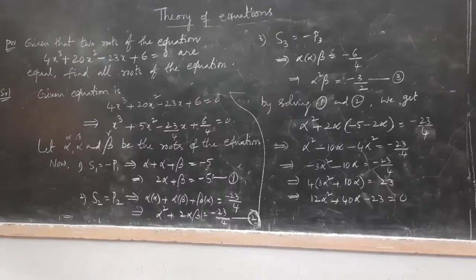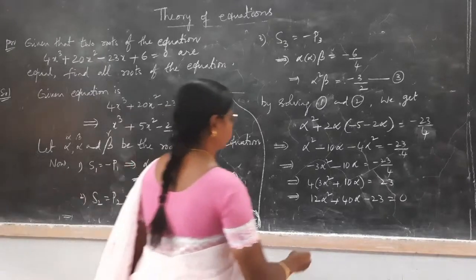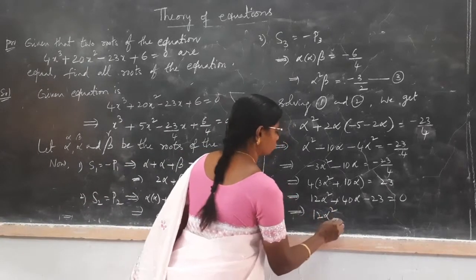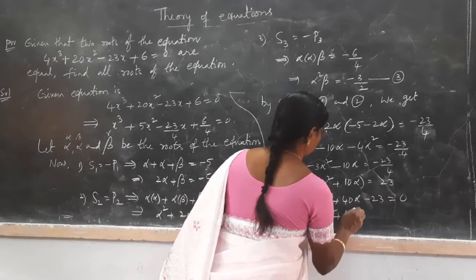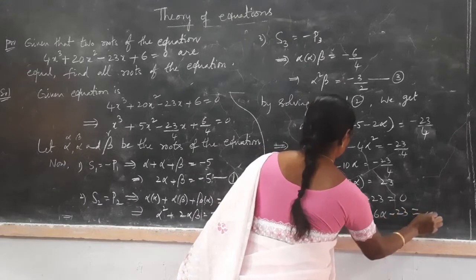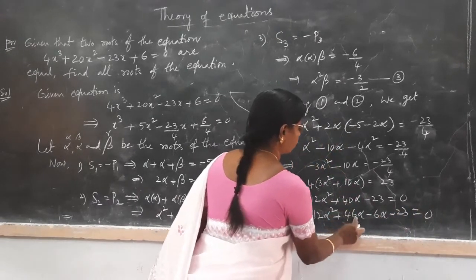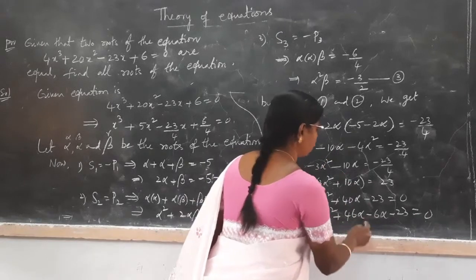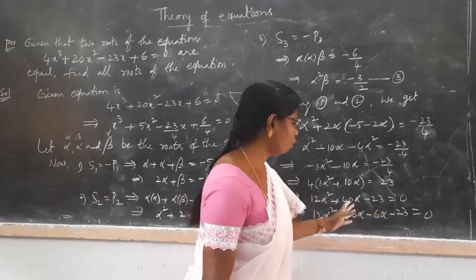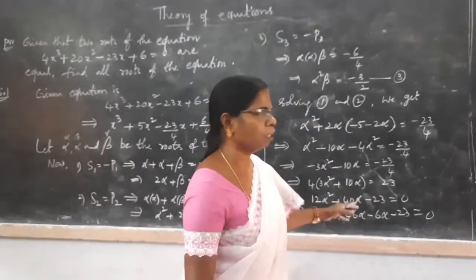We'll go for factorization, that is plus 46 minus 6. Or if the factorization does not come, it is a quadratic equation, so go for the roots to find the roots of this equation.